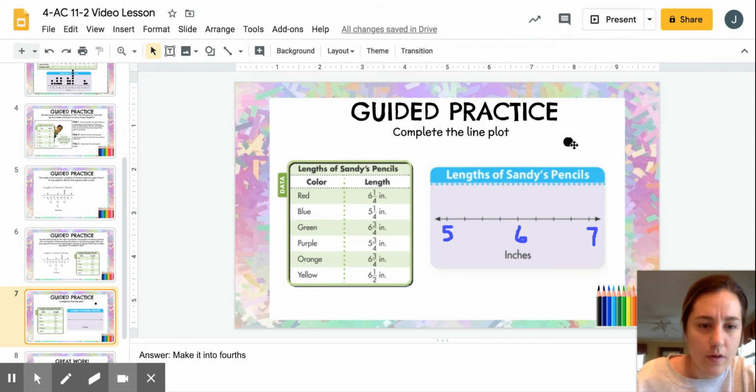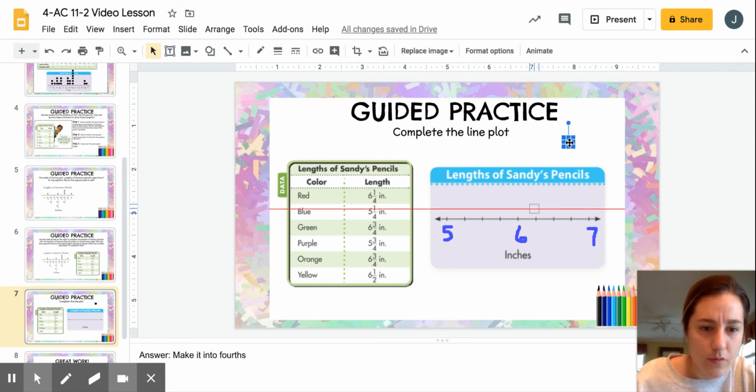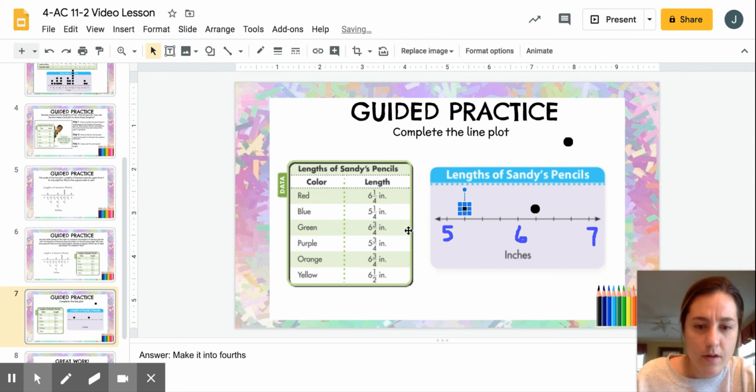6 and 1/4. I know 6 and 1/4 would be right here. 5 and 1/4. 5 and 1/4 would be right here. 6 and 3/4. Well, if this is 6 and 1/4, 2/4, 3/4.